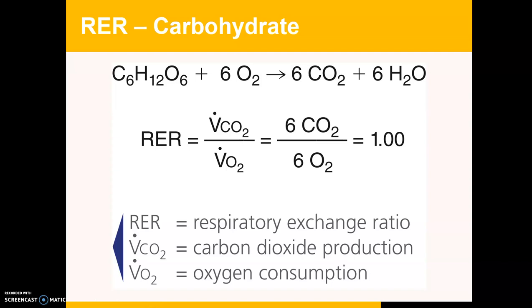In the process of oxidizing glucose, 6 carbon dioxide molecules are produced. Therefore, if only carbohydrate is being metabolized for energy, the RER is sama dengan 1, which is 6 carbon dioxide produced divided by 6 oxygen consumed.